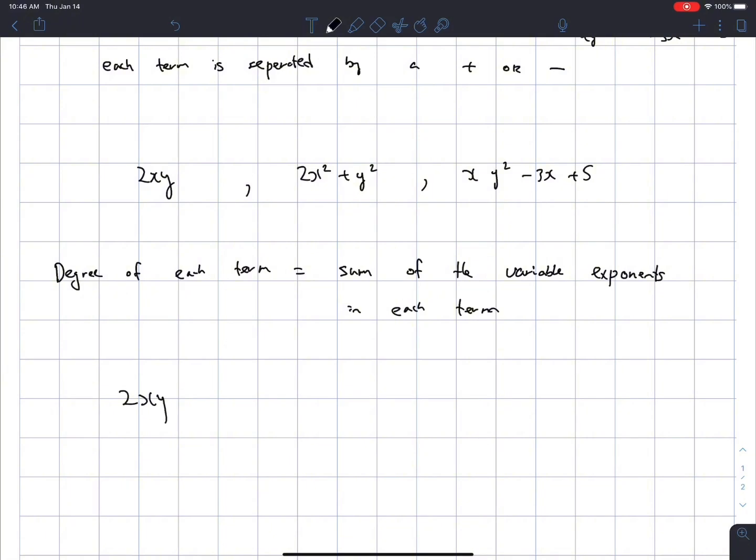So for 2xy, the degree here is just going to be 1 plus 1, because there's x to the power of 1, y to the power of 1, we just don't write out the 1 here. They're invisible. So the degree is 2.